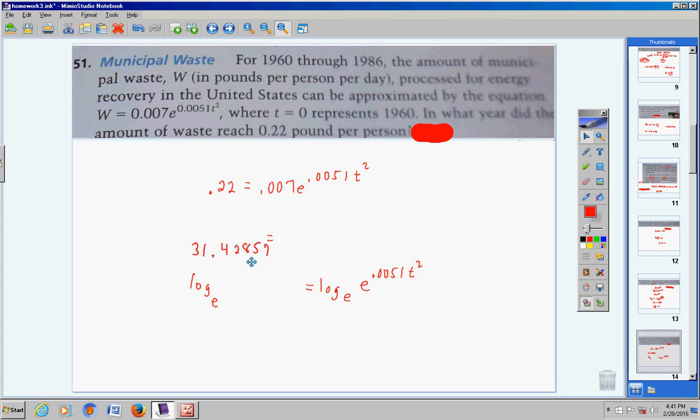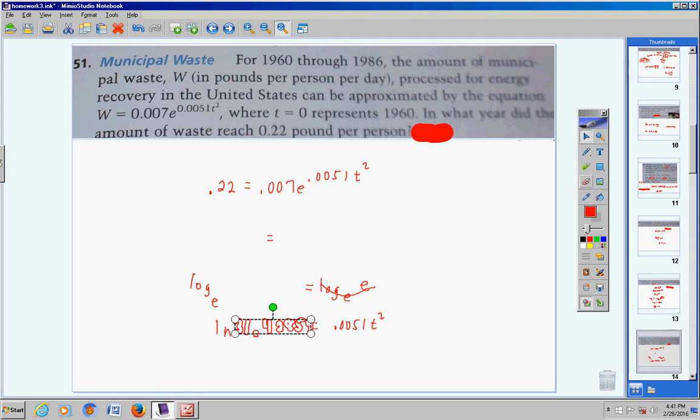Now your base matches your base, so you're left with the exponent. Logarithm base e is the exact same thing as the natural logarithm of this number, so we'll bring that down.